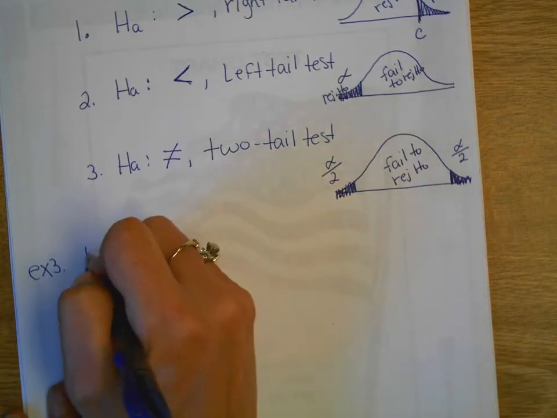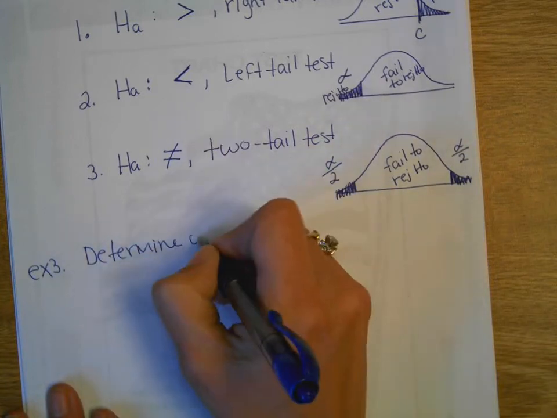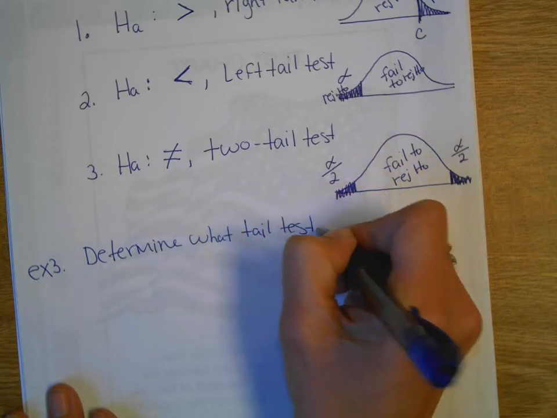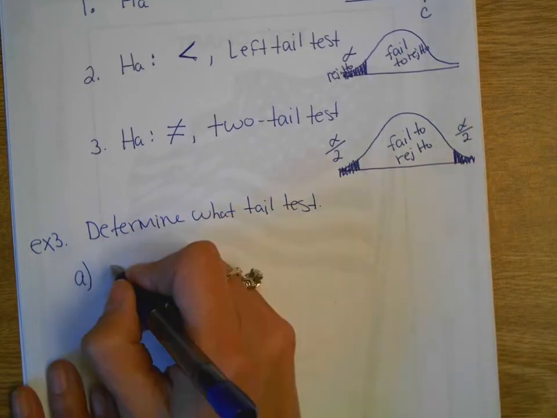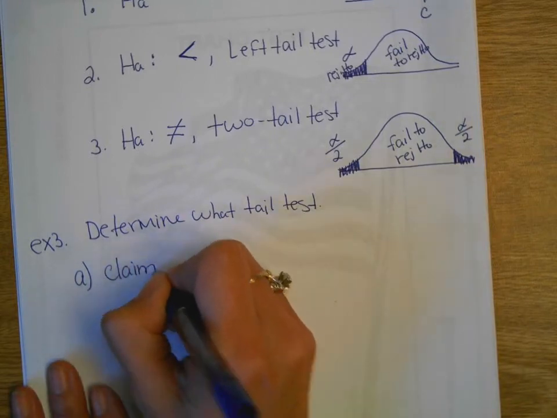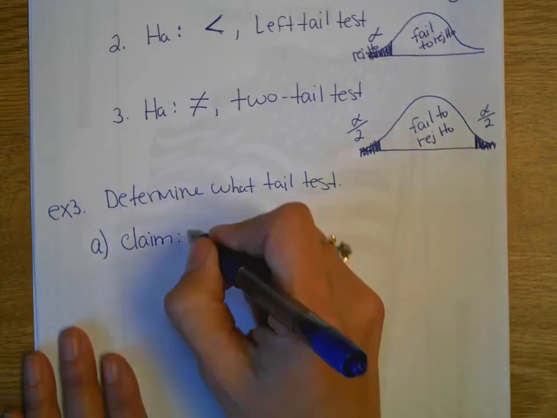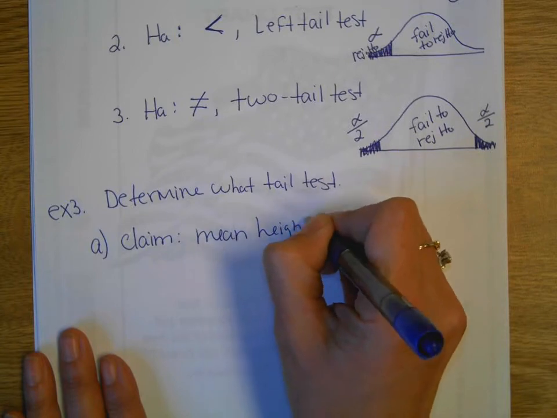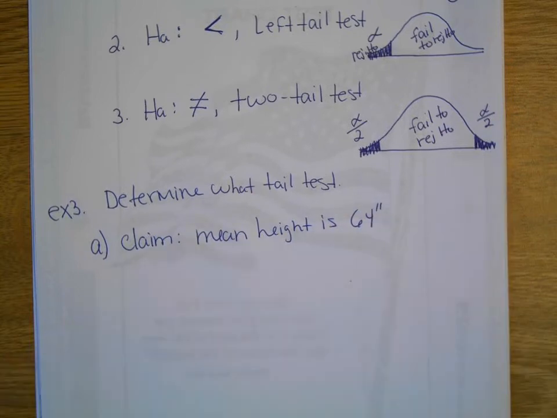Okay, so number 3, determine what tail test you will do here. The claim being made is that the mean height is 64 inches.